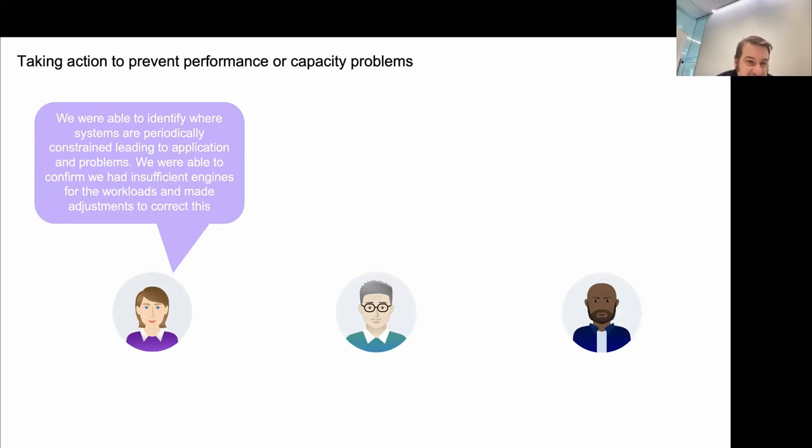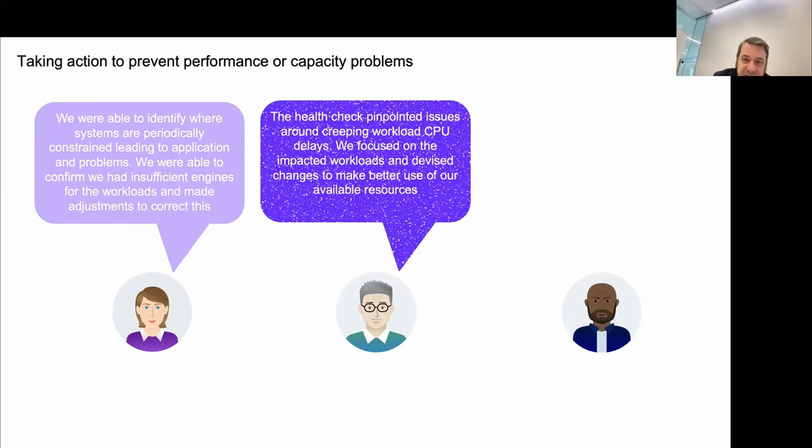Using something like the health metric scorecard, we could see that at certain points in time we had insufficient engines for the workload, and we made changes to adjust this. That might be moving workloads around, or getting more engines into the environment, but understanding that was the root cause and where that pinch point occurred was critically highlighted by the health assessment.